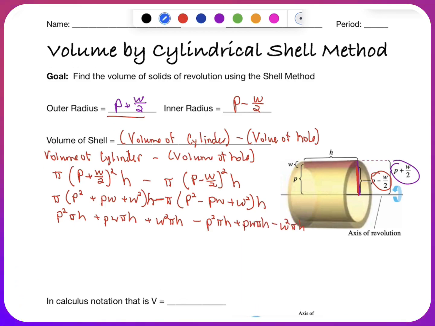So here's the cool thing about this formula. Notice that our P squared pi h terms cancel out, and our W squared pi h terms cancel out.